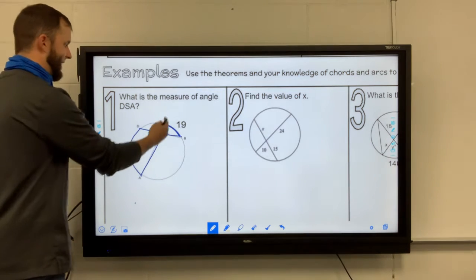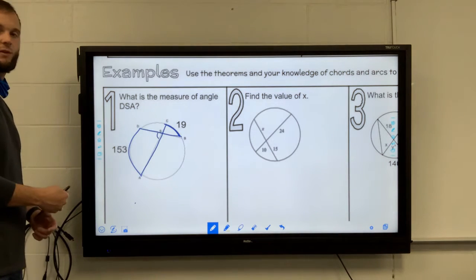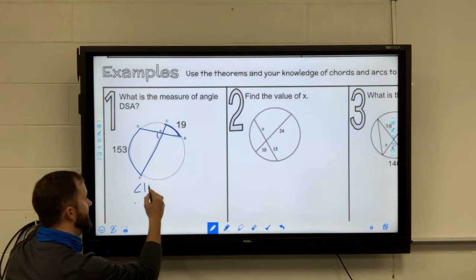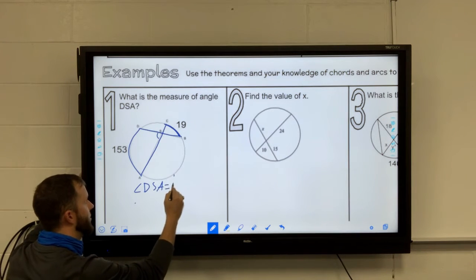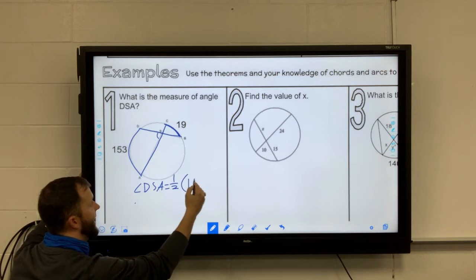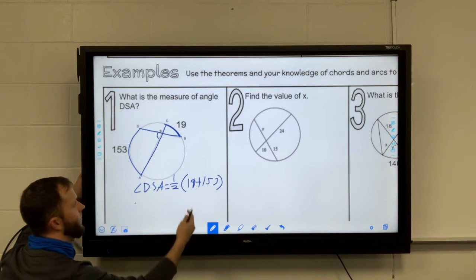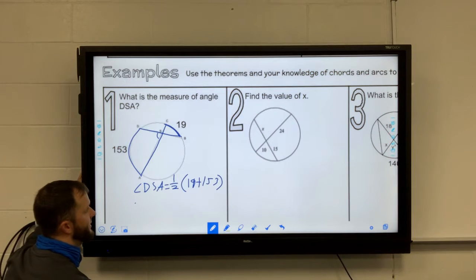So it looks like 19 and 153 are the two intercepted arcs. So right now, to find angle DSA, I'm going to take 1/2 of 19 plus 153. So it's going to be 172.